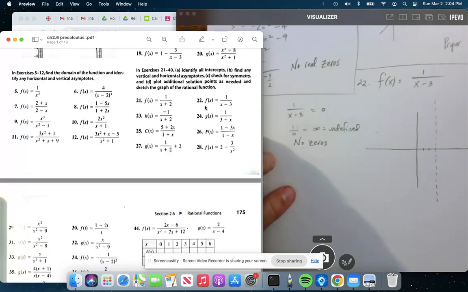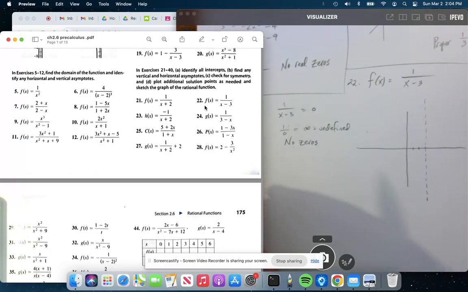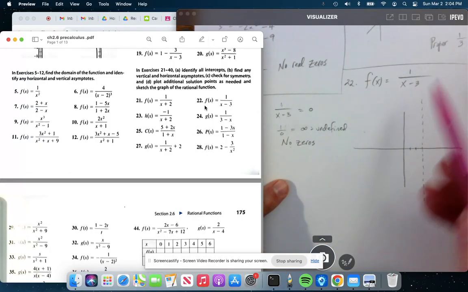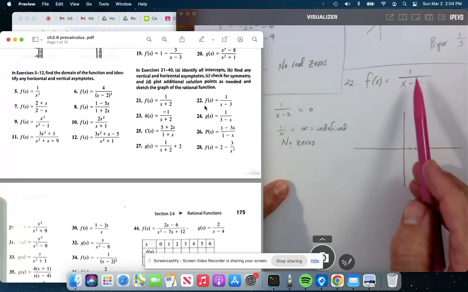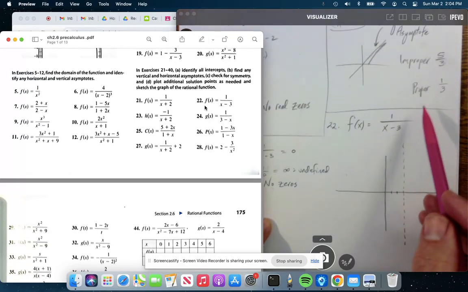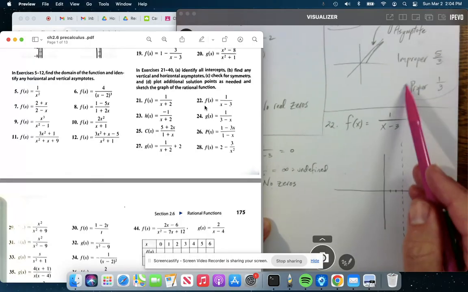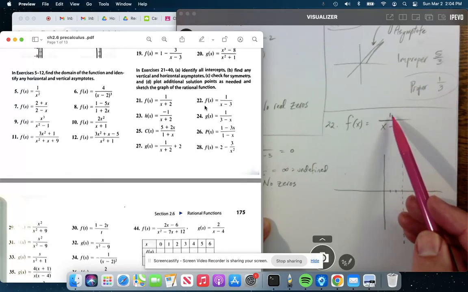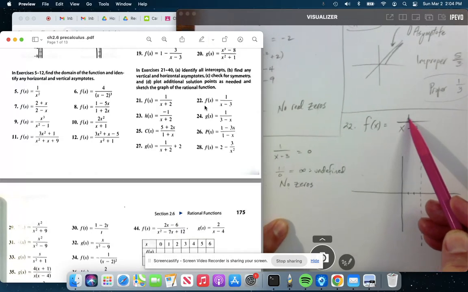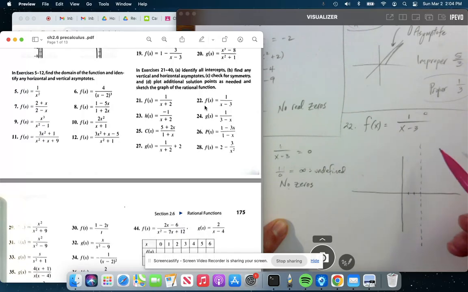What about horizontal asymptotes? This is what I would call proper, because the degree of this polynomial, and believe it or not, 1 counts as a polynomial, is 0.